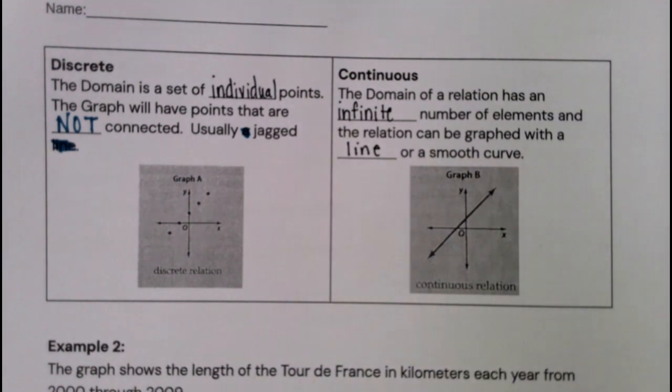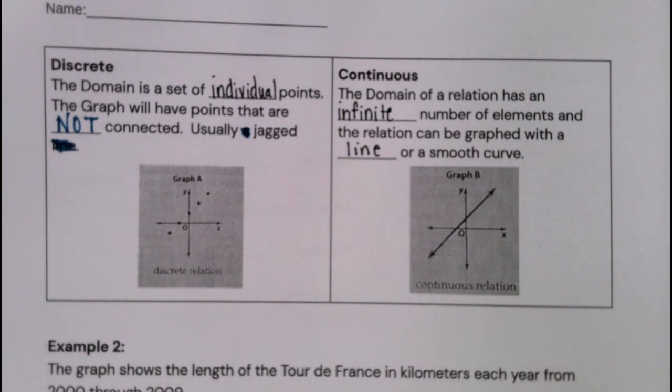Now, if we look at this line, what tells us that it's infinite? The arrows. So you're going to have arrows on this if it is continuous, because it's going to continue to the left and right. The domain will always be infinite.